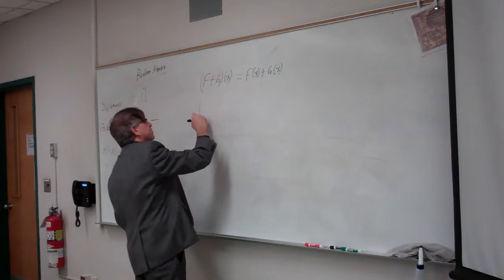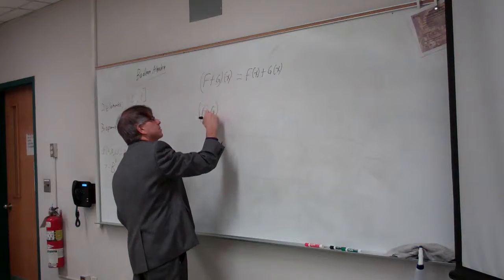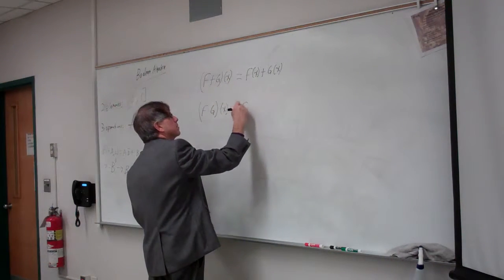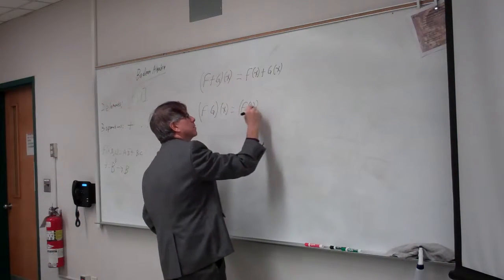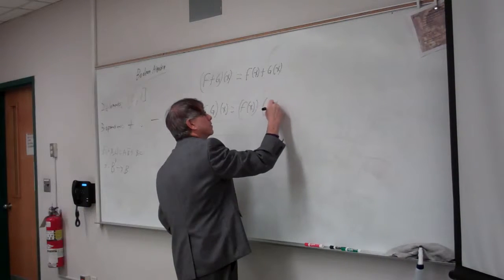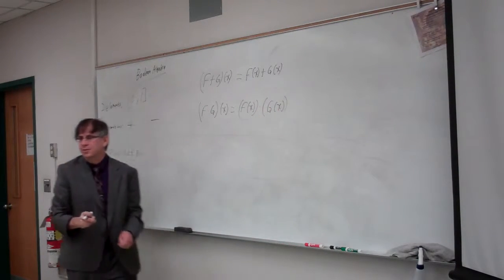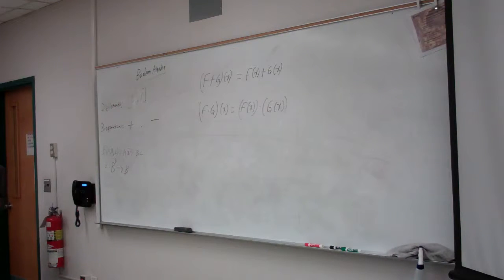And we can define the product of two functions as just the product of their points. So we can apply these operations on functions themselves as well as points in our space.